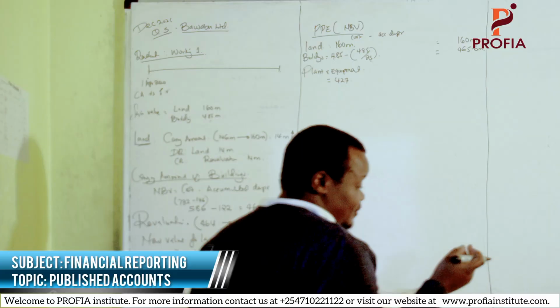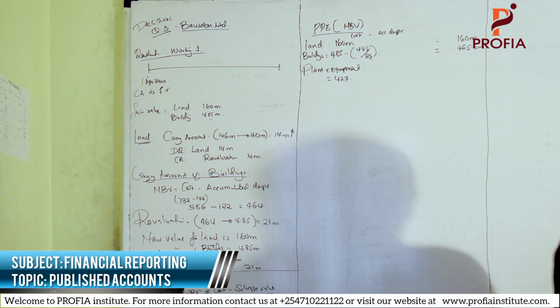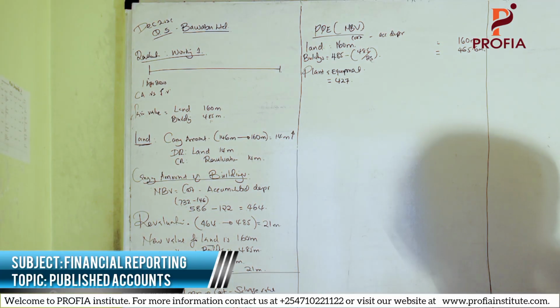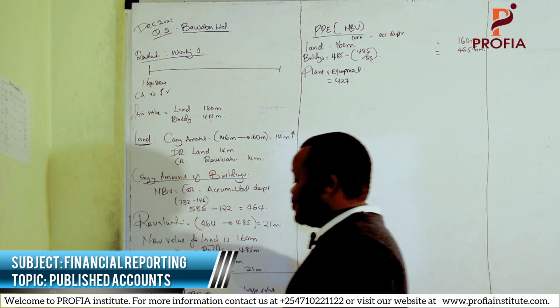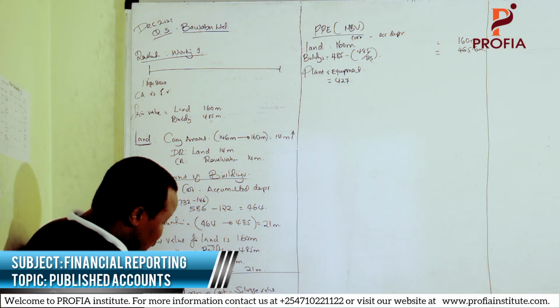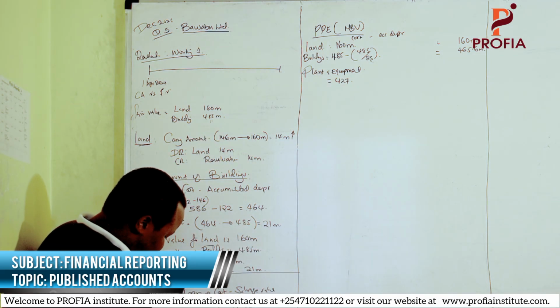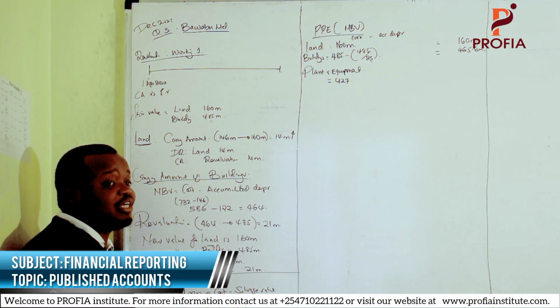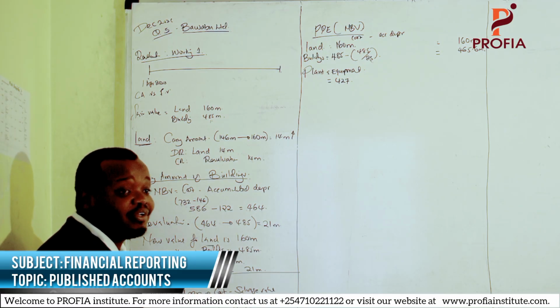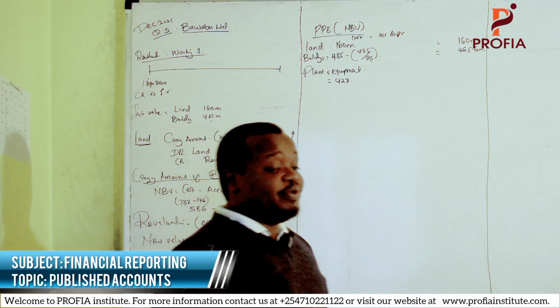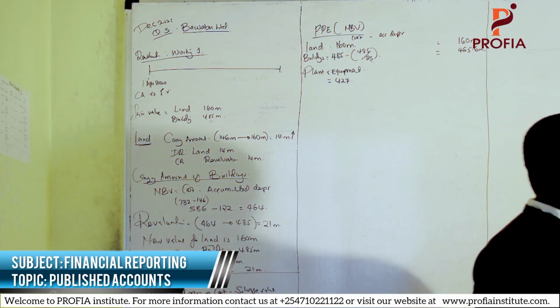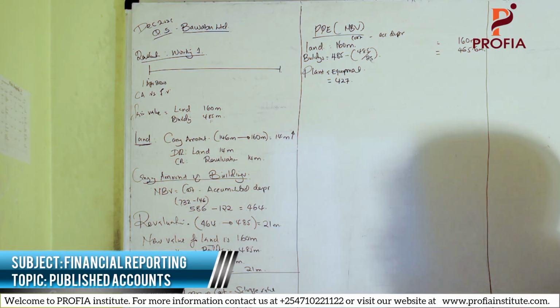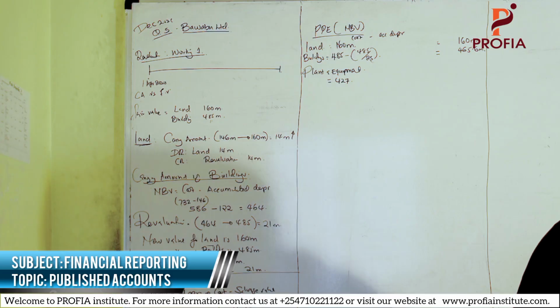Okay? Then if that was our cost, what was our net book value? When we talk about reducing balance, depreciation can be calculated either by straight line method or by reducing balance. And when you hear reducing balance, the percentage of the depreciation is applied on the net book value.